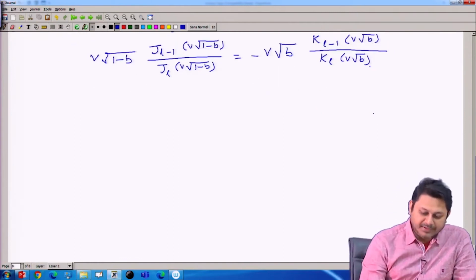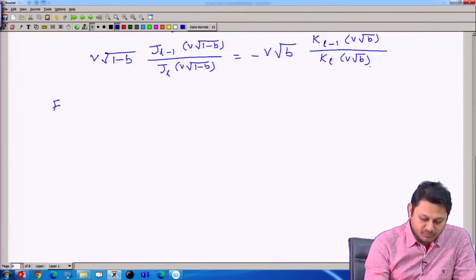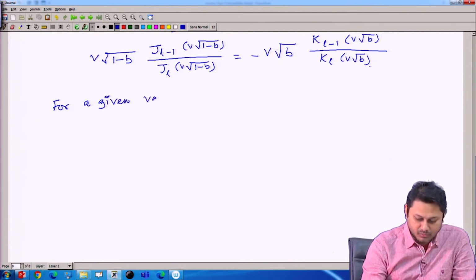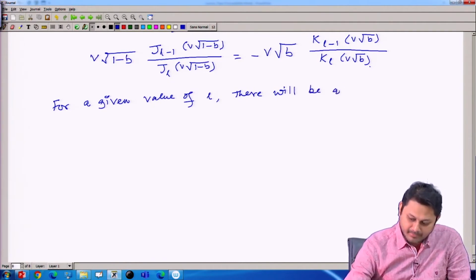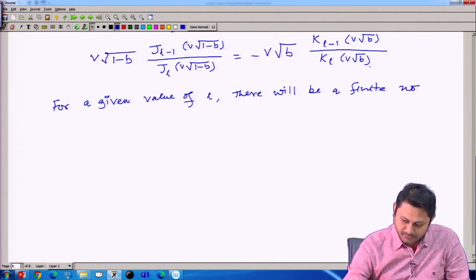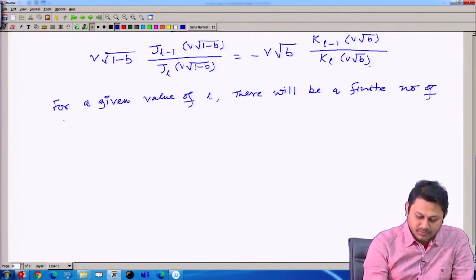Okay. So, after having these two equations, what basically do we try to do? For a given value of L, there will be a finite number of solutions.